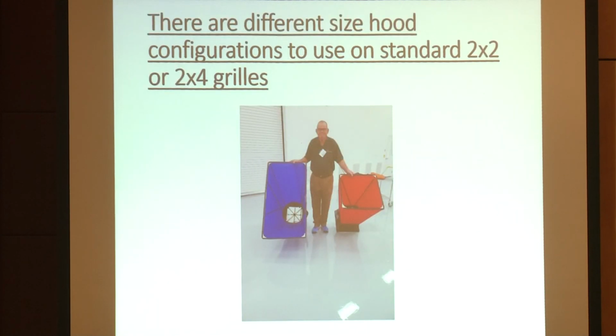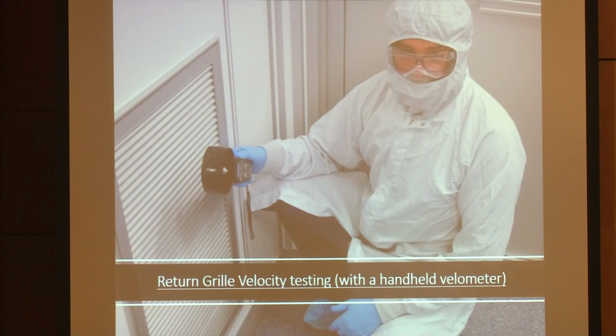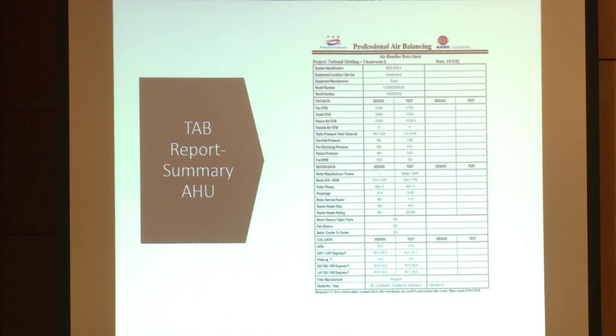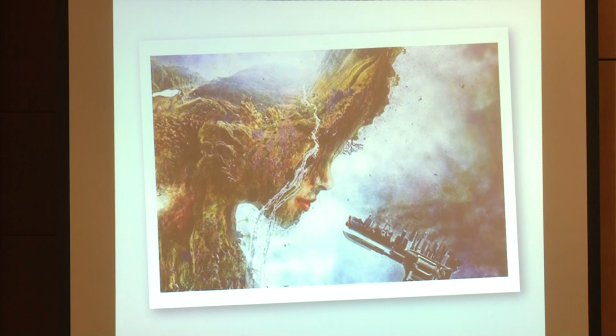So it's a lot bigger deal when you're doing that. The test instruments are pretty sophisticated. You obviously always have to be gowned up, but again, the TAB person is doing most of that hard work, and they're producing the report. So in those kinds of rooms, it's really mostly done by the TAB professional.